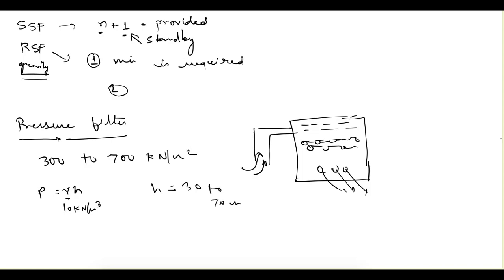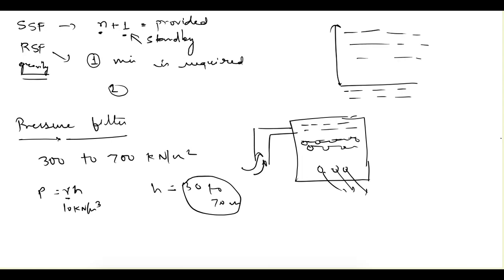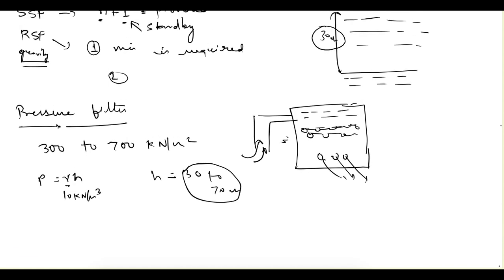That is a very big height. If you have a rapid sand filter, that is a gravity filter, you will have to put the water up to a height of 30 meter to be equivalent to this pressure filter. That is only possible if we are applying some pressure, not in atmospheric conditions.